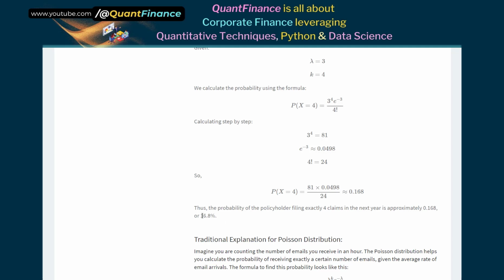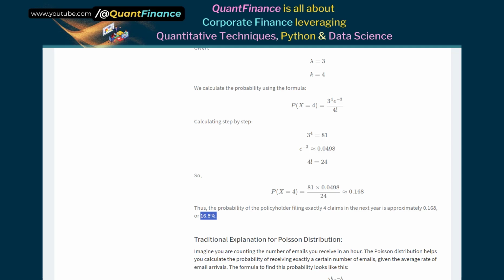So in simple words, the probability that the policyholder files exactly 4 claims in the next year would be 16.8%.